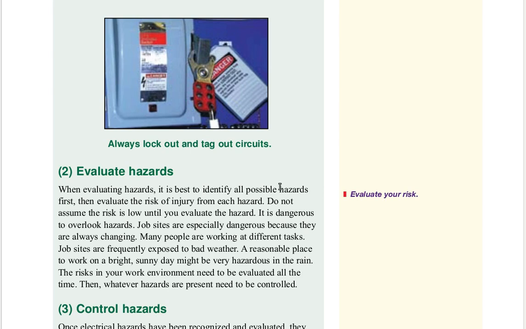If you do this, make sure you don't leave the key somewhere else or give somebody else the key. You must keep the key yourself. And if you're going to work on this same circuit and you see a lock there, make sure you place your own lock there as well.